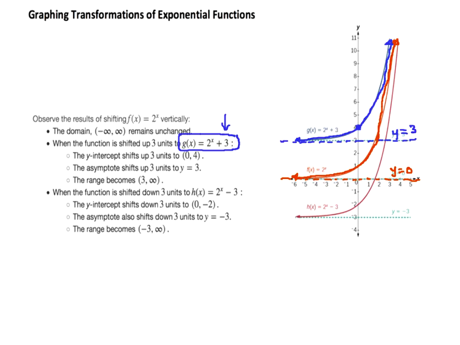And then if I subtract that same value on the outside of the function, I'm going to shift down 3. So I go from the point 0, 1 to 0, -2. I'm still increasing because my base is greater than 1.